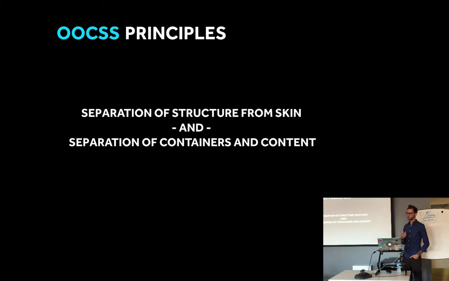The second one is hitting more on specificity as well as the context of how elements are within another container, and it's reducing dependency based off of the context of wherever your selectors are. I'm going to show you two examples of separation of structure from skin and separation of containers and content. When we talk about the media object and flag object, it's really on this first principle, but I'll relate it to the second one too.